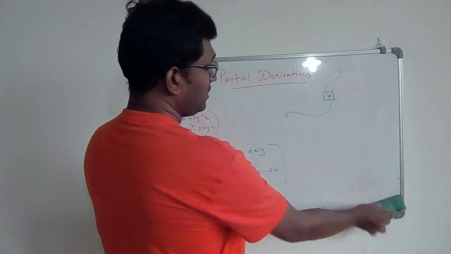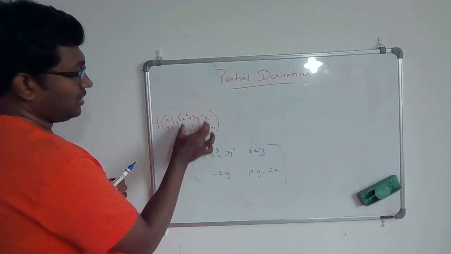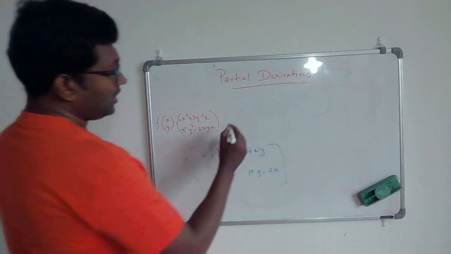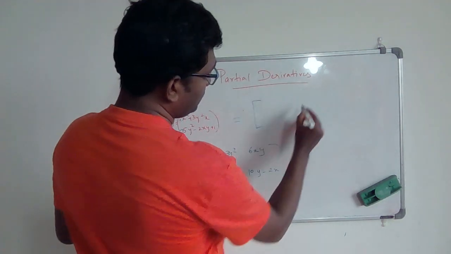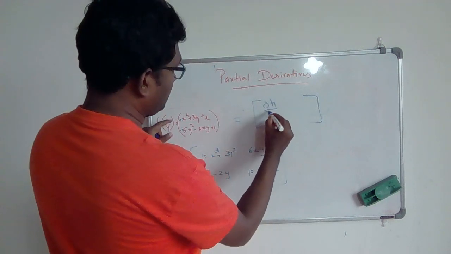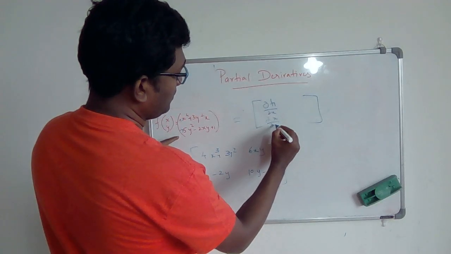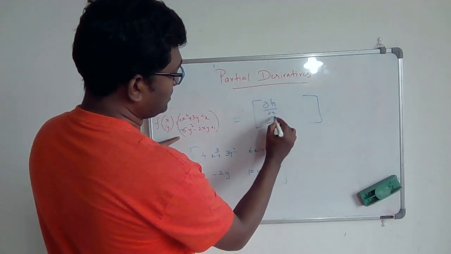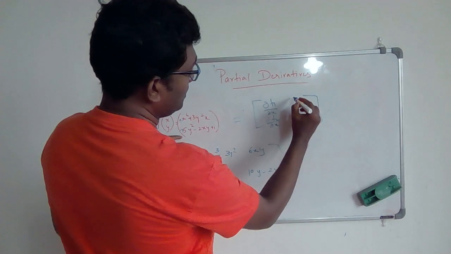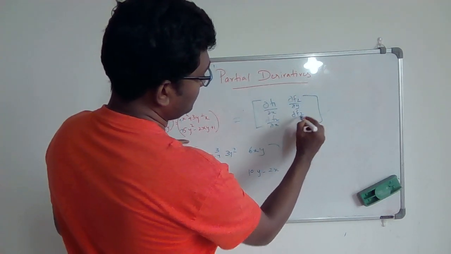So how does it work? You have a function with inputs x and y, and you take the derivatives: the first function with respect to x, the first function with respect to y, the second function with respect to x, and the second function with respect to y.